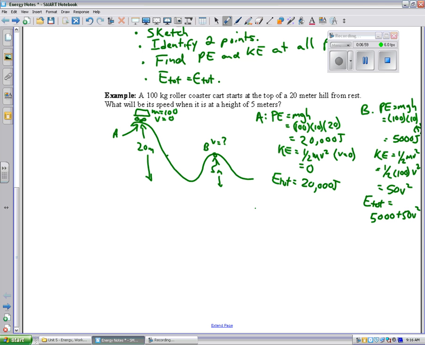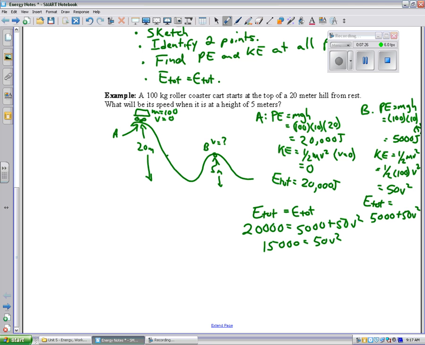And then I can set the 2 totals equal to each other. And I get 20,000 equals 5,000 plus 50v squared. Subtract 5,000 from both sides, I get 15,000 is 50v squared.